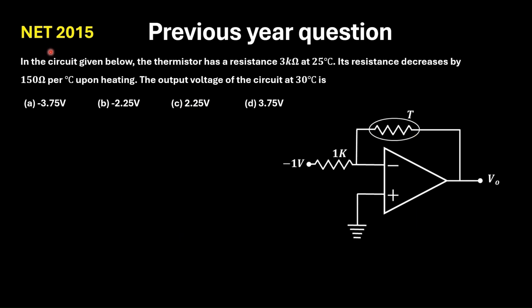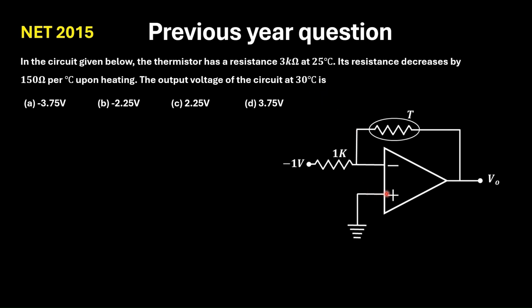This question was asked in CSIR-UGC NET 2015. We are given a circuit and in the feedback part, there is a thermistor whose resistance at 25 degrees Celsius is 3 kilo ohm, and coefficient of resistance is 150 ohm per degree Celsius. We are told to find out the output voltage of the circuit at 30 degrees Celsius.